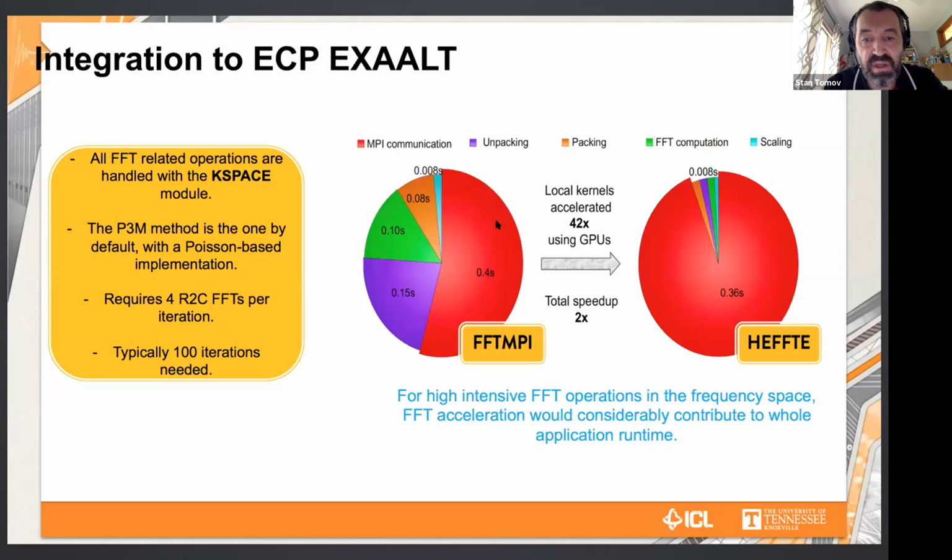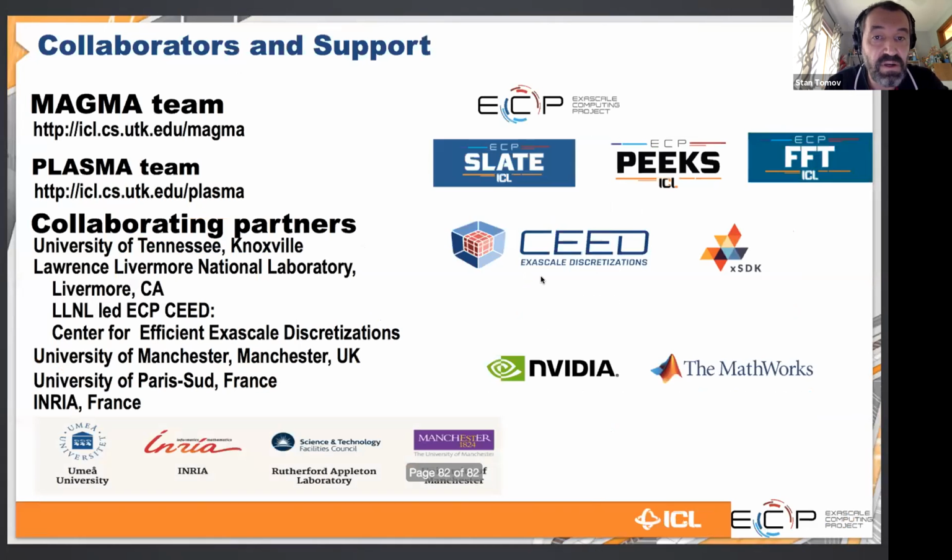As I mentioned, originally the code running on CPUs, for example, may have half of the time in FFT. After acceleration, most of the code is actually MPI because all the computations get accelerated significantly. In this case, 42 times, for example, the kernels are accelerated using the heFFTe code.